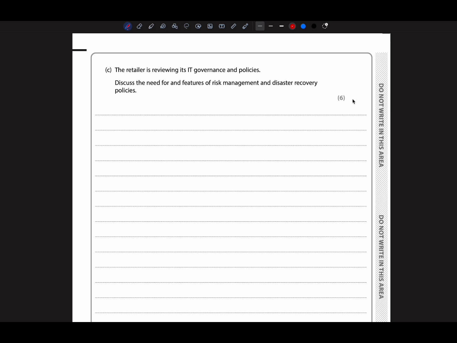So based on that, they have to identify the risks and the disaster recovery: if something happens, how will they deal with the risk and what recovery policies will they provide, so that they can shift from plan A to plan B, right?